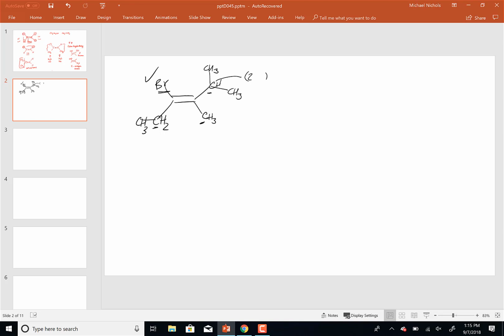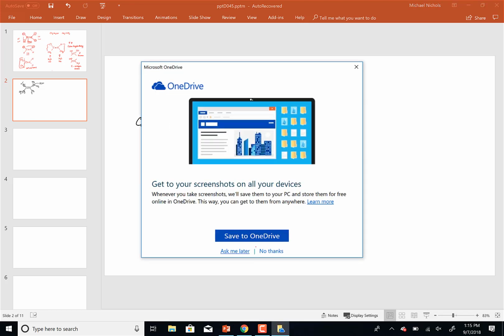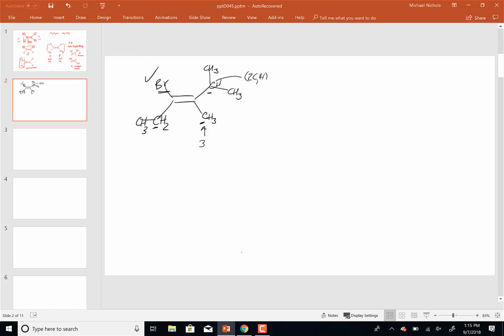So I like to write this in brackets. So 2 C's and 1 H. What's attached down here to that carbon? 3 H's. So now I'm going to compare those two sets of atoms.